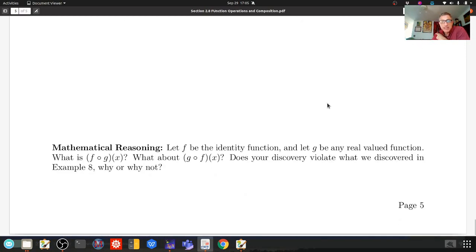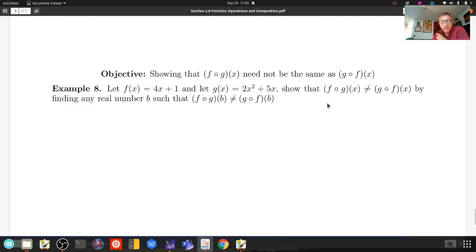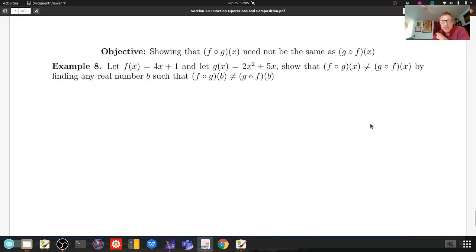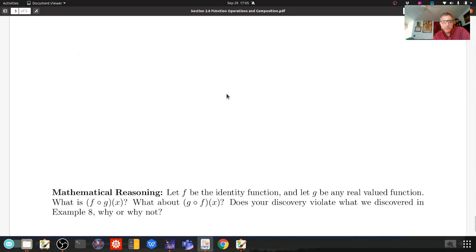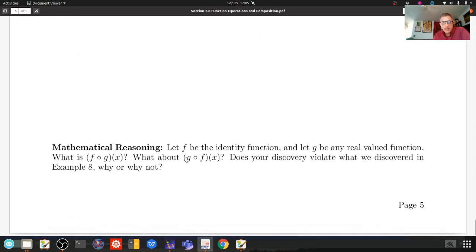We actually did this already. I showed an example. In our very first example we did, I showed that f composed of g is not the same as g composed of f. And we can do it here, but I'm kind of over this. I want to go to the mathematical reasoning. And here it is.